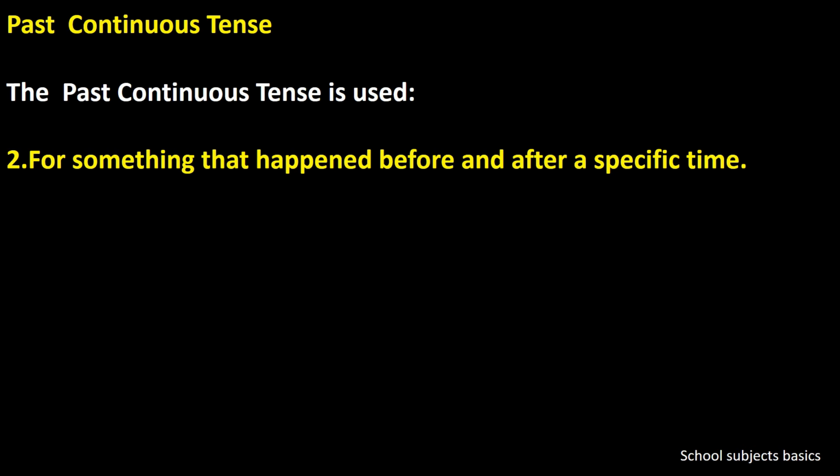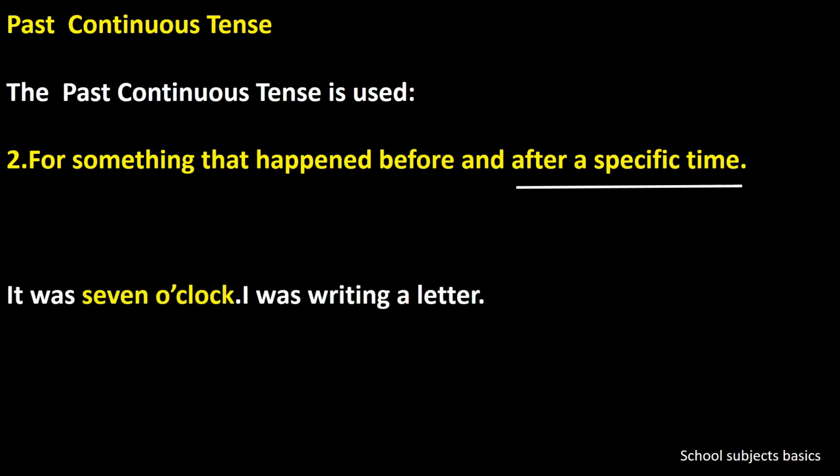So here the past continuous tense is used to denote an action before and after a specific time. That is, the time should be given here. So let's see an example. It was 7 o'clock and I was writing a letter.